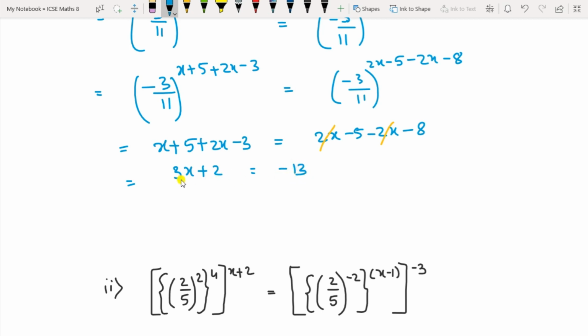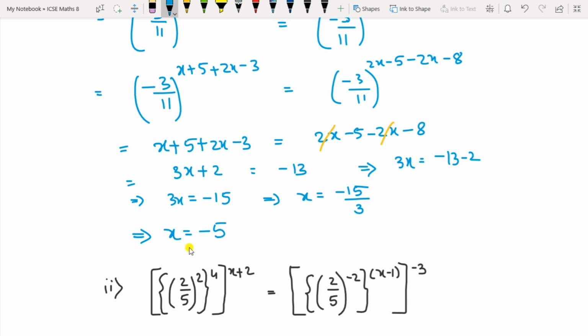Now you have to find the value of x, solve the equation. So this becomes 3x equal to minus 13 minus 2, so that becomes 3x equal to minus 15. So x equal to minus 15 upon 3, so x equal to minus 5 is the answer.